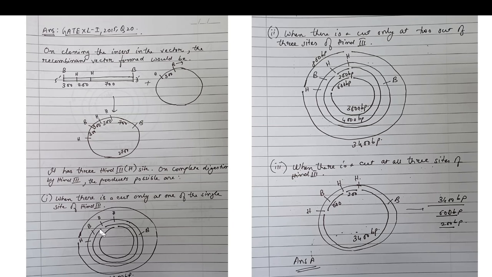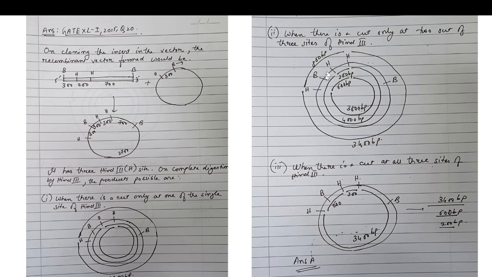So three possibilities can be there. I have put all these three possibilities, how it will look. But the whole length of your plasmid will be 4200 base pairs only. If you add all these numbers, you will get up to 4200 base pairs. Now if you cut on two HindIII sites, either this one, or this one, or this one, there can be different possibilities.